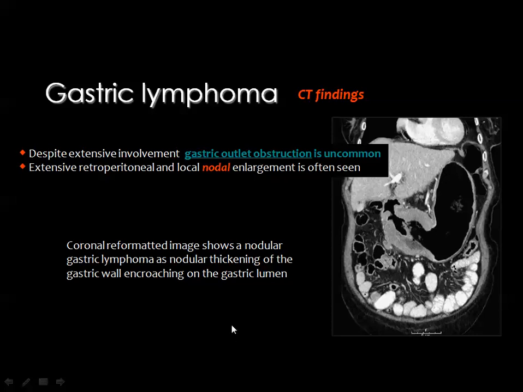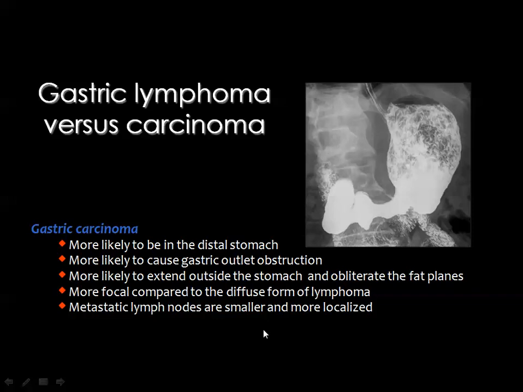And these are the differences between lymphoma and carcinoma of the stomach. Gastric carcinoma tends to be in the distal part of the stomach, here in the pyloric canal. Carcinoma is more likely to cause gastric outlet obstruction, while lymphoma does not usually cause obstruction. Carcinoma is more likely to extend outside the stomach and infiltrate the surroundings.